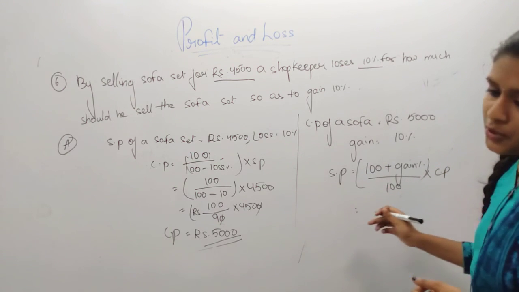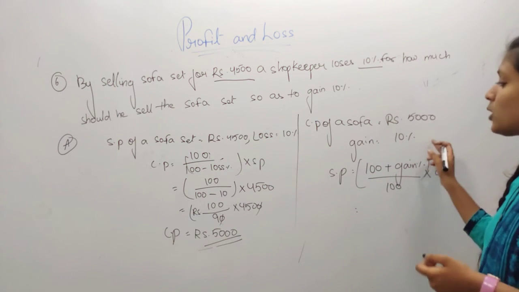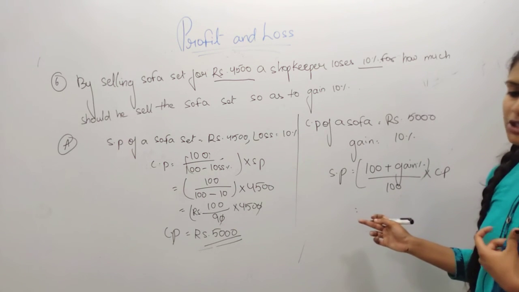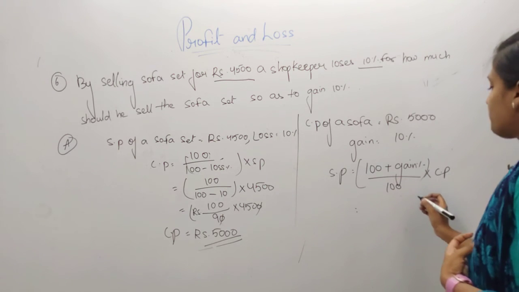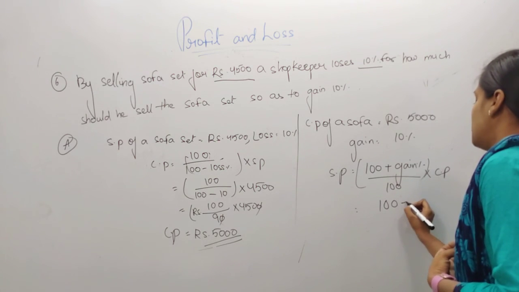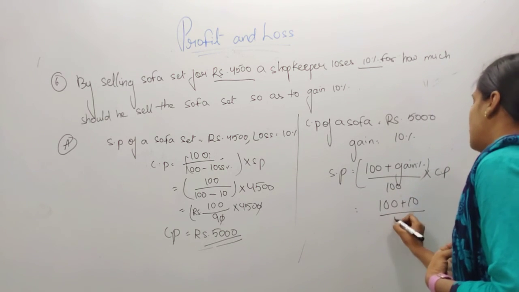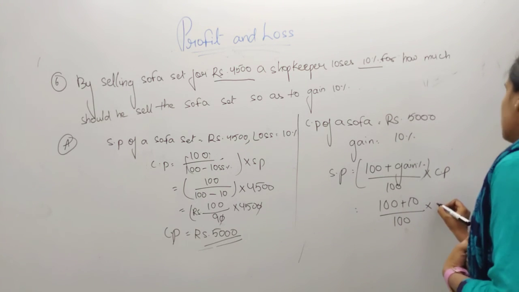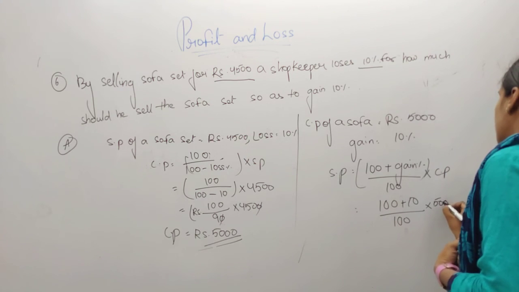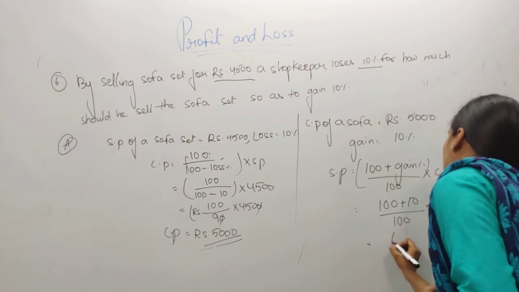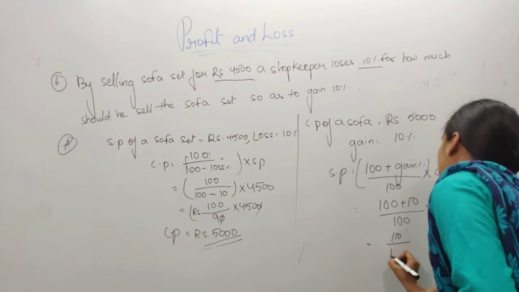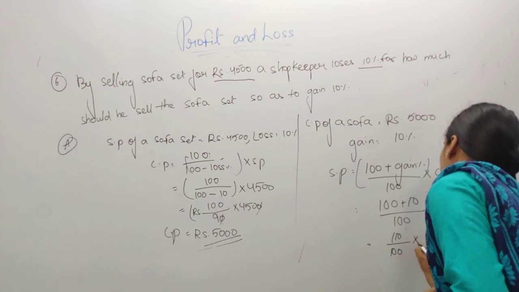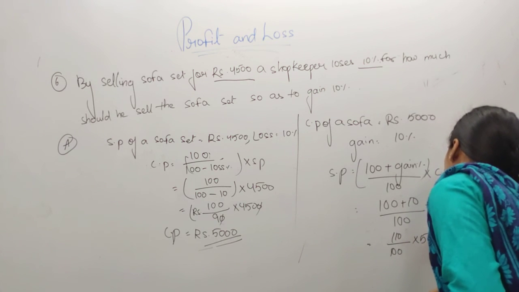Now substitute the question in the formula. How much will you get? 100 plus gain percent, how much? 10, by 100 into cost price, how much is it given? 5,000. Now solve it. 110 by 100 into 5,000.